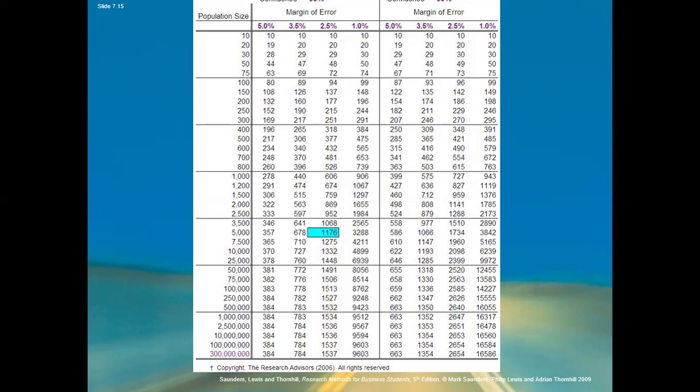For example, if your population size is 5,000, then under the 95 level, the two-tailed test, the 2.5 is there, your sample size is 1,176. If your population size is 1,000, and you are considering the margin of error as 5%, your sample is 278, like that.